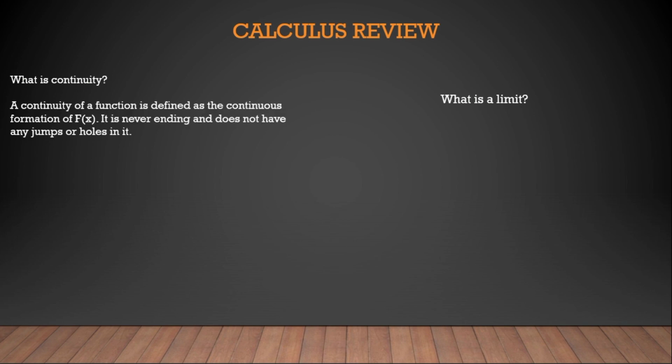So what is a continuity? Well, a continuity of a function is defined as the continuous formation of f of x. It is never ending and does not have any jumps or holes in it. Well, this is not the actual definition of what a continuity is, though; this is just basically what it is as a concept.